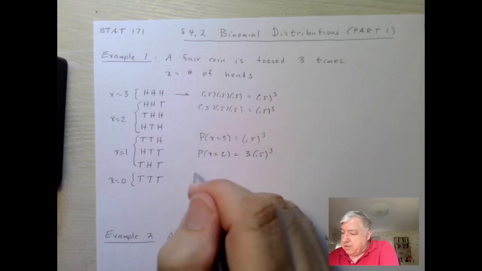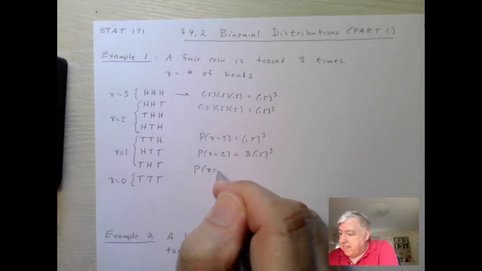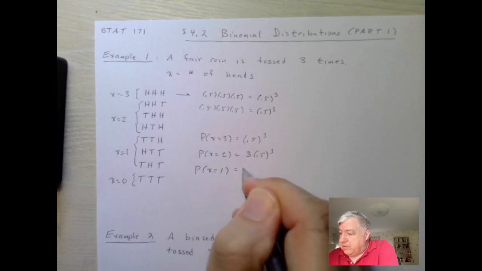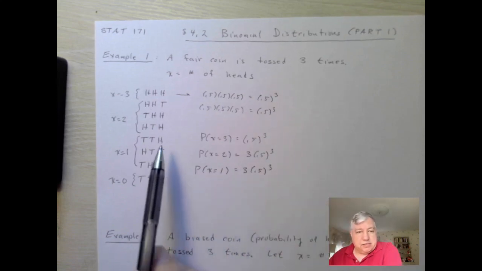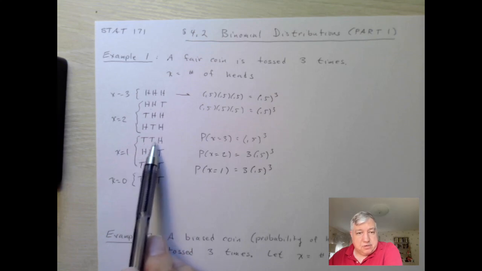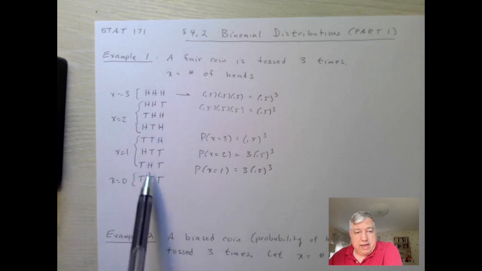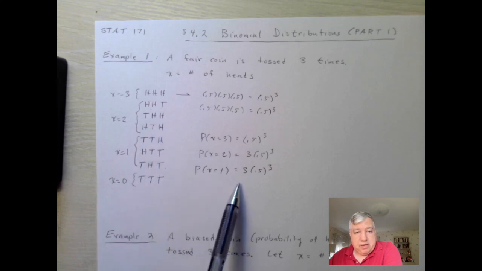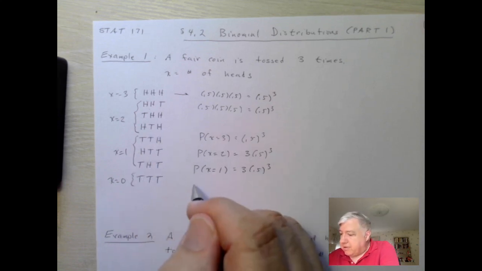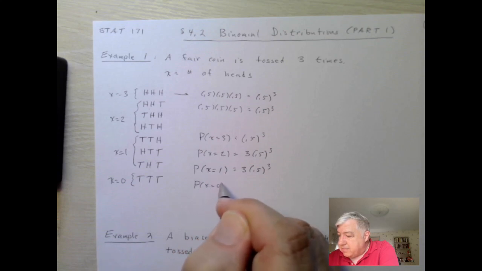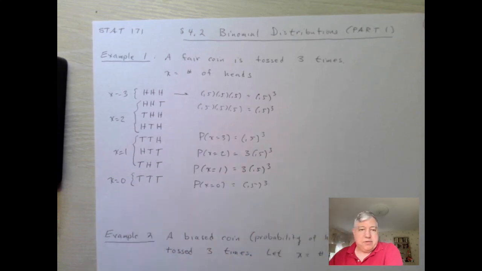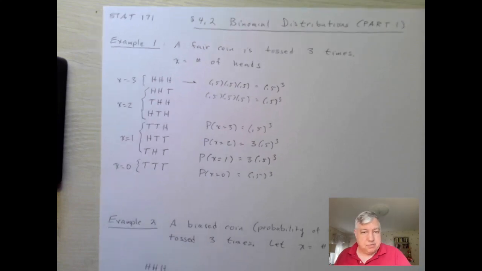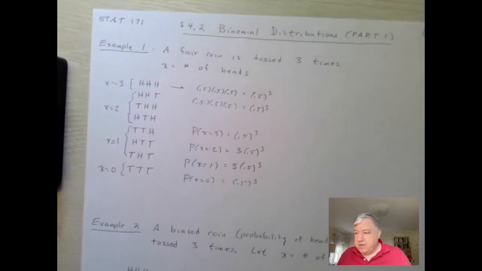Similarly, the probability that x equals 1 would also be 3 times 0.5 cubed, because the probability of this, again, would be 0.5 times 0.5 times 0.5, added 3 times. And then the probability that x equals 0 would just be 0.5 cubed, because that's the probability of this one single event.